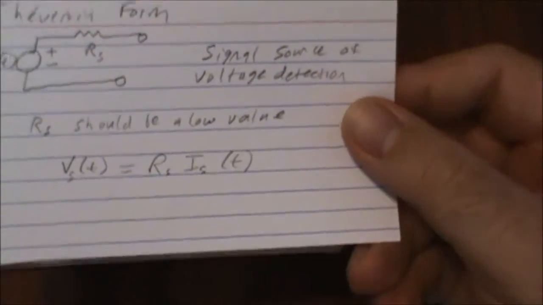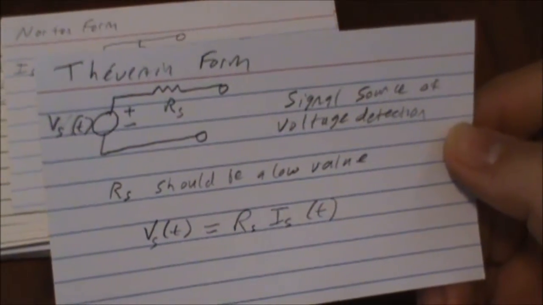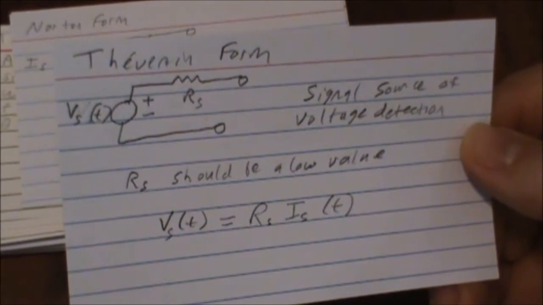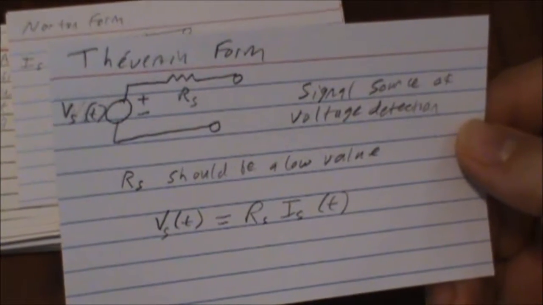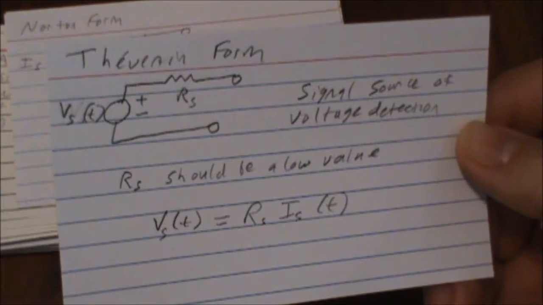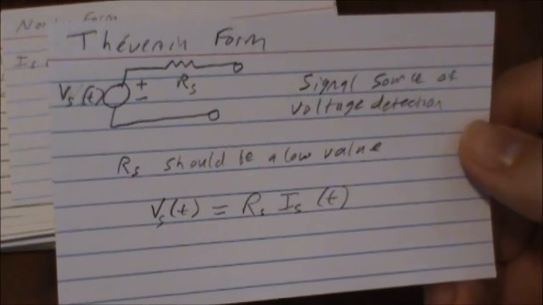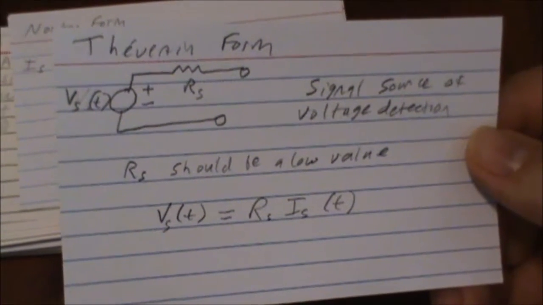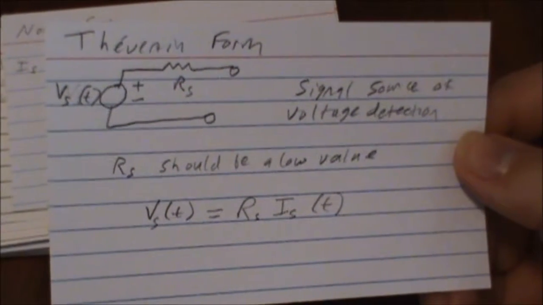And getting back, we not only have the Thevenin form of the signal source or some voltage detection here across the two terminals, but this is the Thevenin form of a voltage source. So we have our voltage source here on the left with some R sub S, which is the resistor for the voltage source.